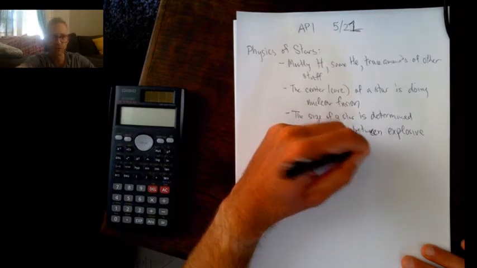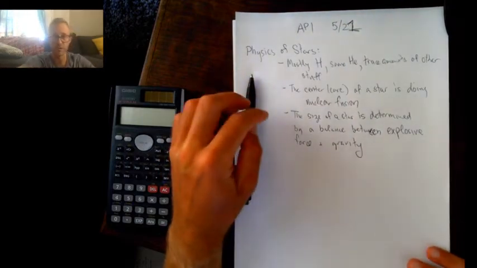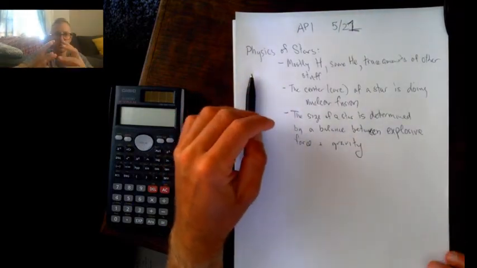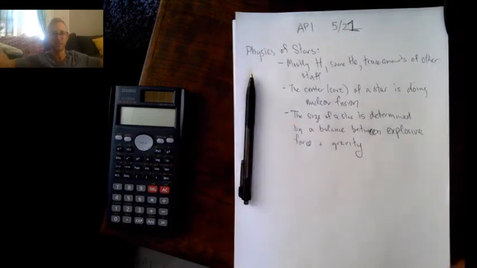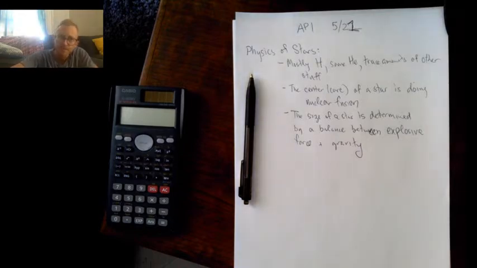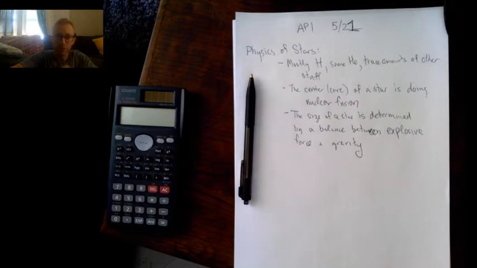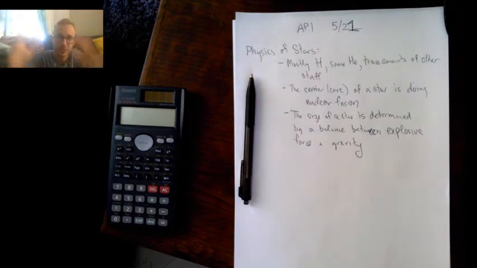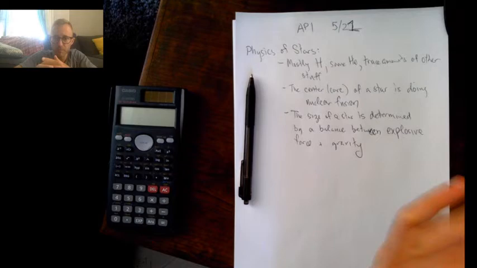Those two are in equilibrium with each other. The interior of the star is trying to blast it apart, and gravity is trying to pull it together. And so the size of the star that we see is determined by the balance between those two. If that balance changes, the size of the star will change.